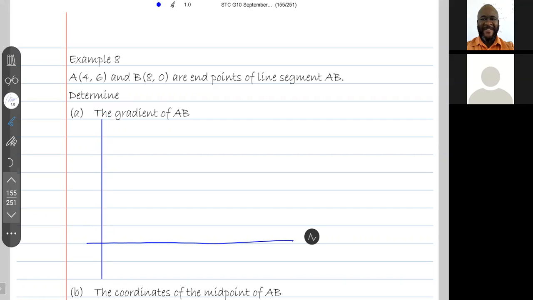All right, so I draw my y-axis and my x-axis. This is the y-axis, and this is the x-axis. This is the origin, scale 1, 2, 3, 4, 5, 6, and 1, 2, 3, 4, 5, 6, 7, 8.